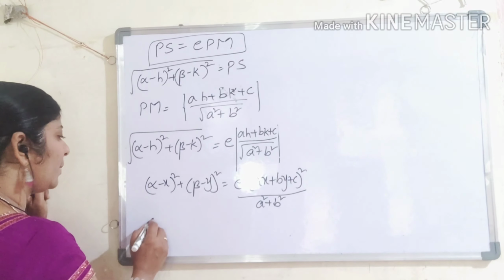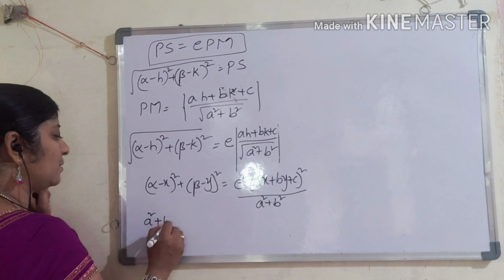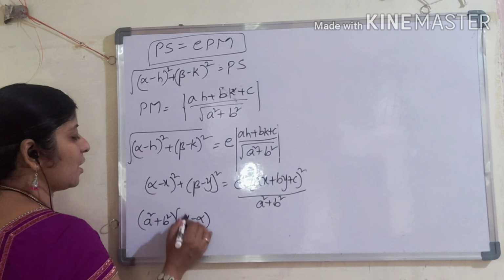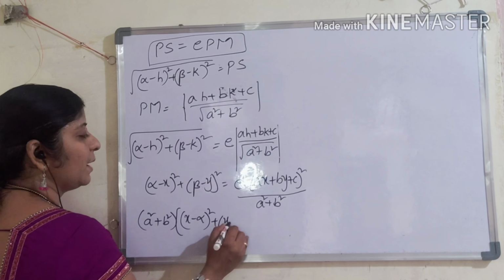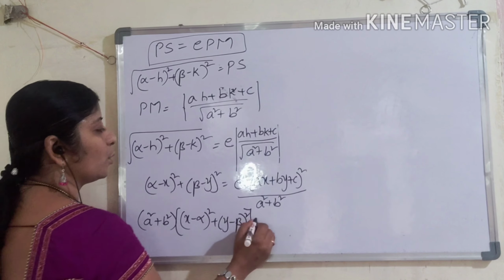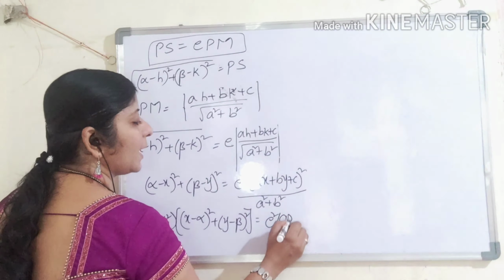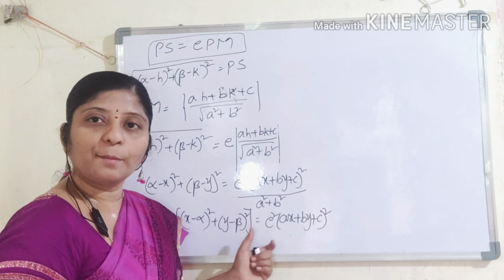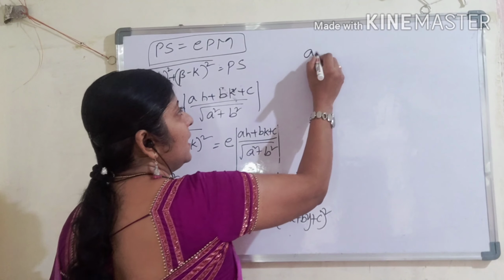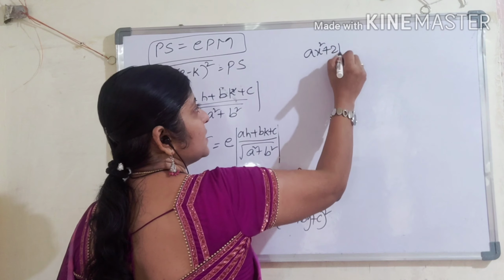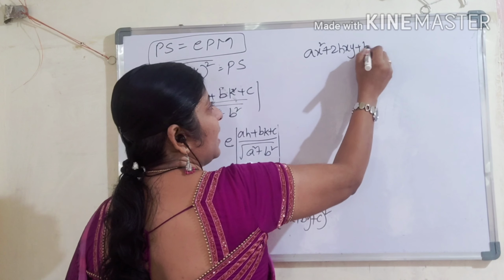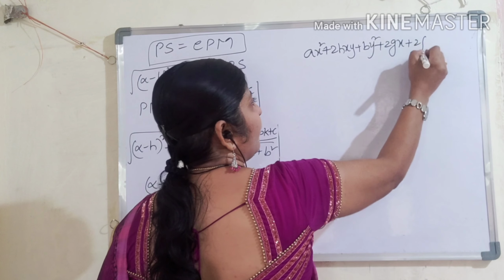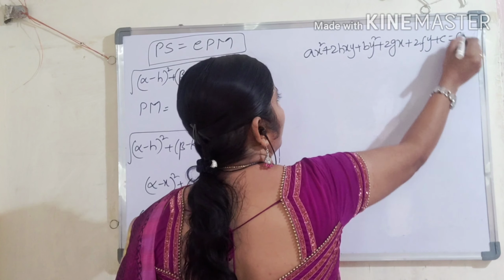So this can also be written as (a square plus b square) times ((x minus alpha) whole square plus (y minus beta) whole square) is equal to e square times (ax plus by plus c) whole square. By simplifying this equation, we get ax square plus 2hxy plus by square plus 2gx plus 2fy plus c is equal to 0.